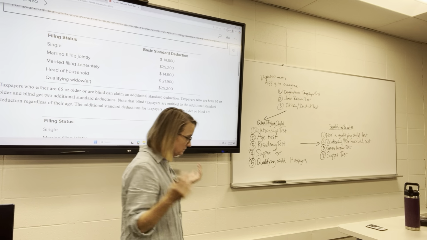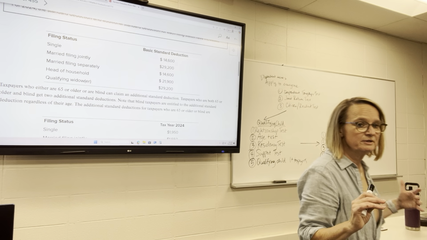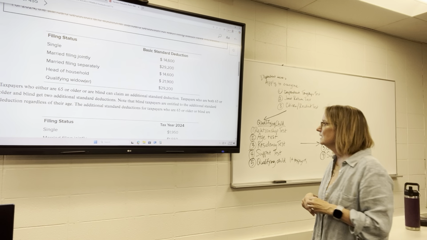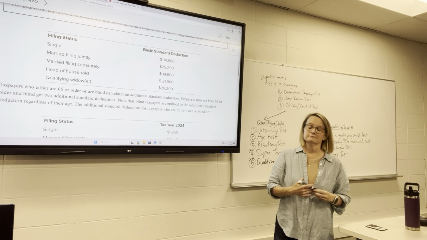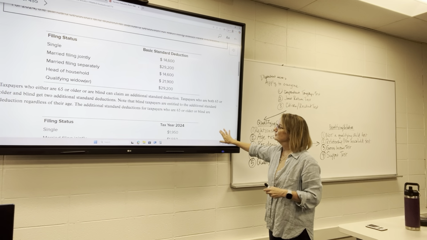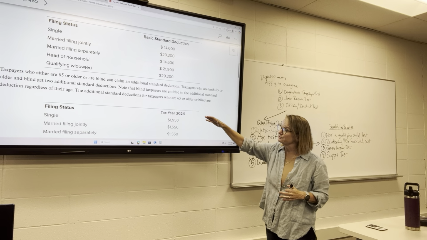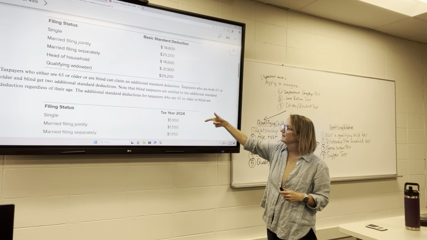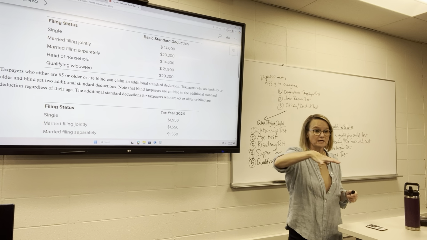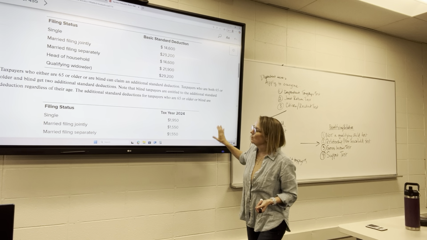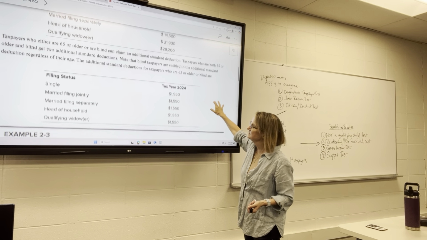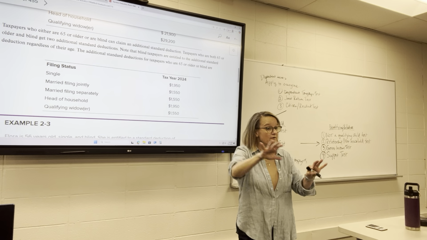Deaf, no, you're not getting any special treatment if you're deaf, only if you're blind. I guess the lobbying must be out of this world for that. But anyway, so if you're 65 or older or you're blind, you can claim an additional standard deduction over and above these amounts. So that additional standard deduction, again, depends on filing status.